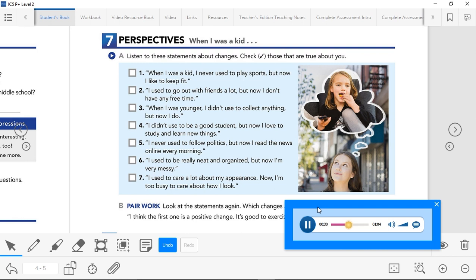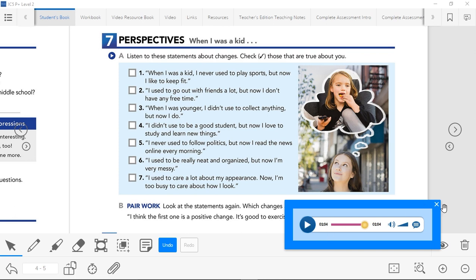When I was younger, I didn't used to collect anything, but now I do. I didn't used to be a good student, but now I love to study and learn new things. I never used to follow politics, but now I read the news online every morning. I used to be really neat and organized, but now I'm very messy. I used to care a lot about my appearance. Now I'm too busy to care about how I look.